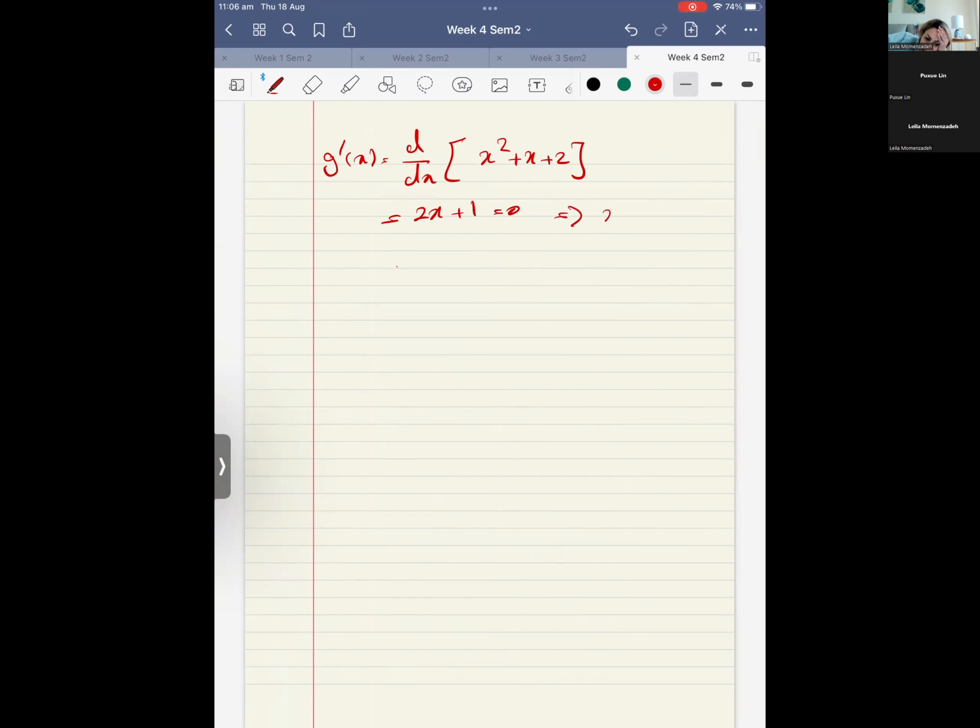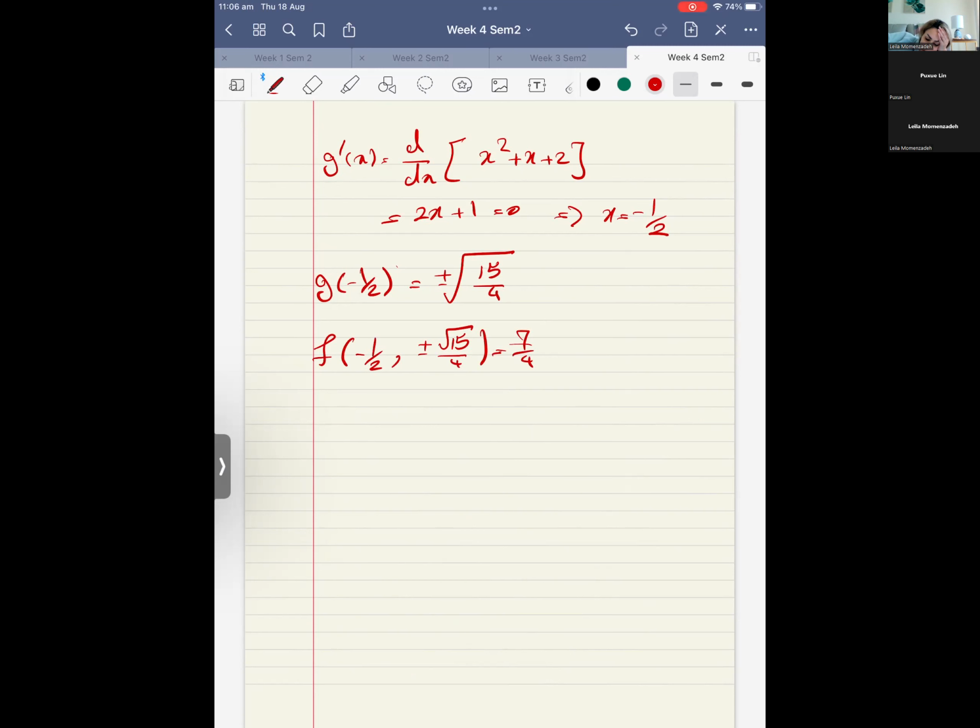It means that x equals -1/2. g(-1/2) would be equal to 7/4. Now you have another two critical points, the points (-1/2, plus and minus square root of 15 over 4), where f is 7/4.